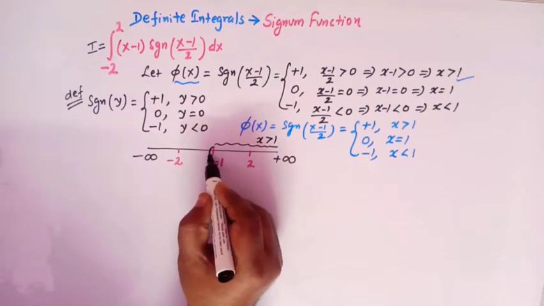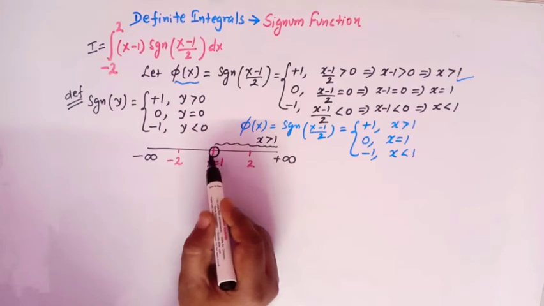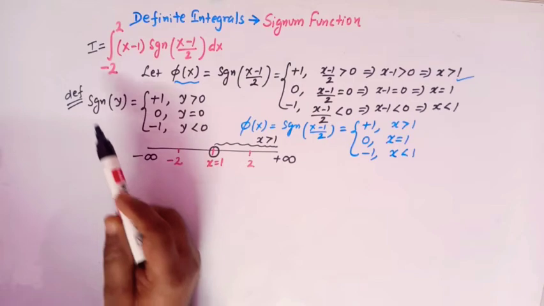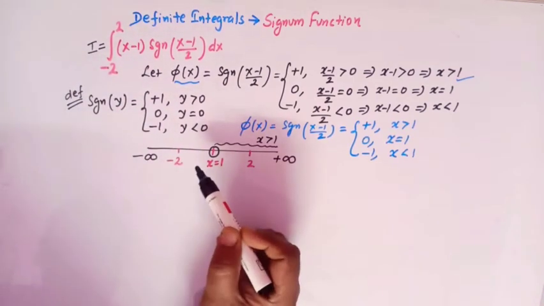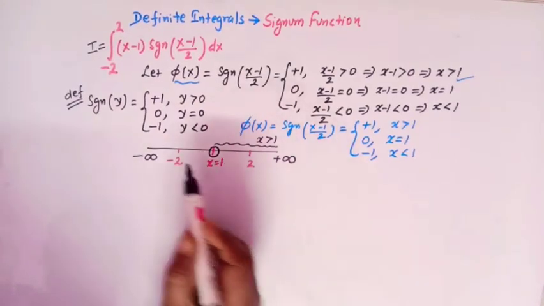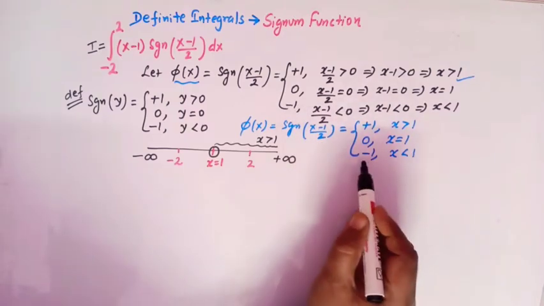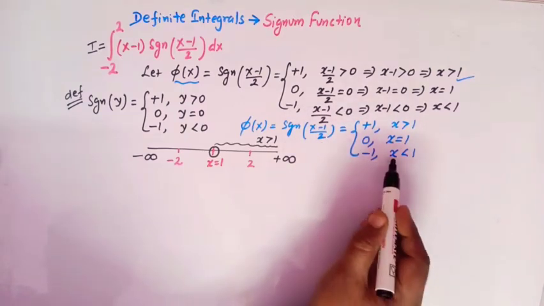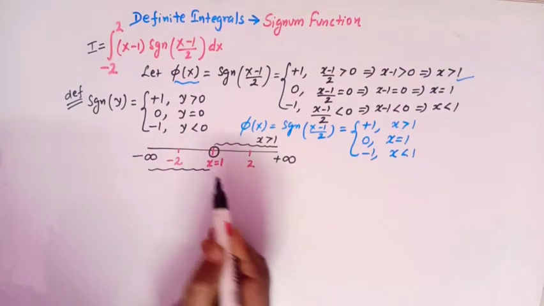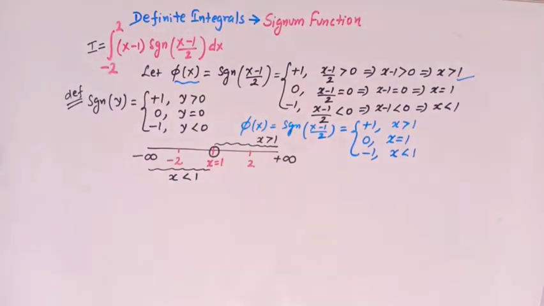Here we have this open circle which indicates that we have to split the limit of integration at x equal to 1. When signum is equal to minus 1, we have x less than 1, so this portion corresponds to x less than 1.